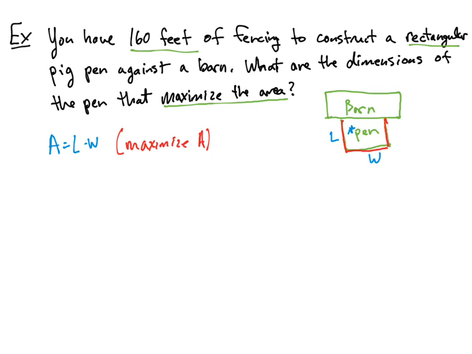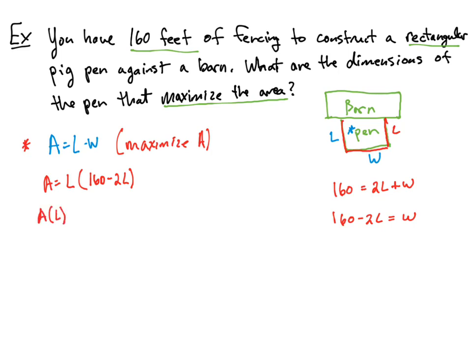So we have L plus W, and then we have another L. So 160 feet of fencing is going to equal 2L plus W. We want to solve for one of these variables and then substitute it back into the equation for A. So I'll say 160 minus 2L is equal to W, and that's what I'll substitute in. So A is equal to L times 160 minus 2L.